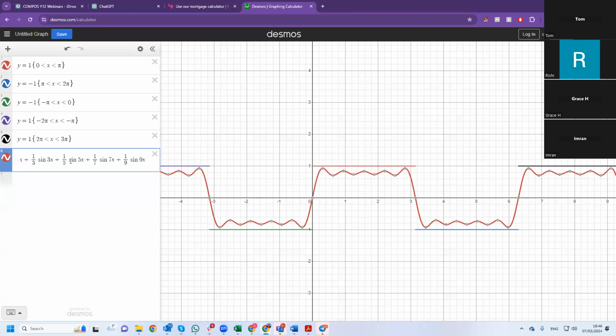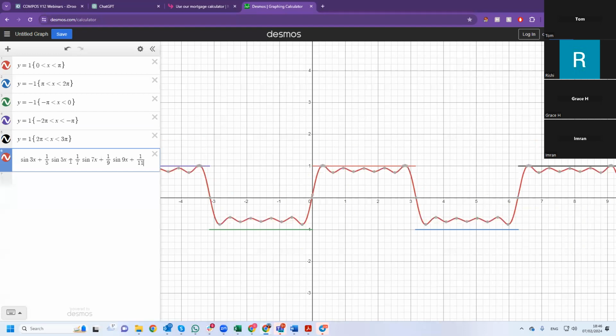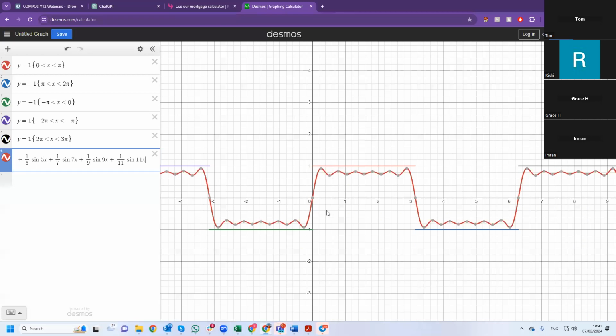And as you can see, we're getting closer and closer, plus 1/11 sine 11x. This is called a Fourier series. As you get more and more terms, you get closer and closer to that stepwise function. Because it's an odd function, it only contains sines. It does not contain cosines. An even function would contain cosines.